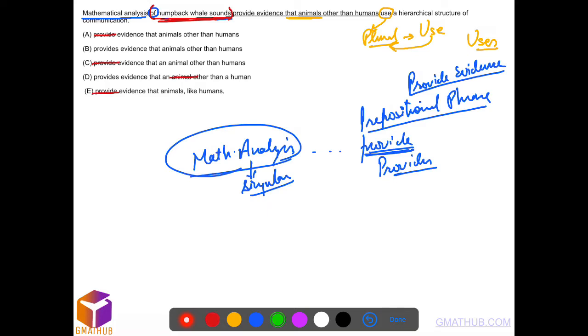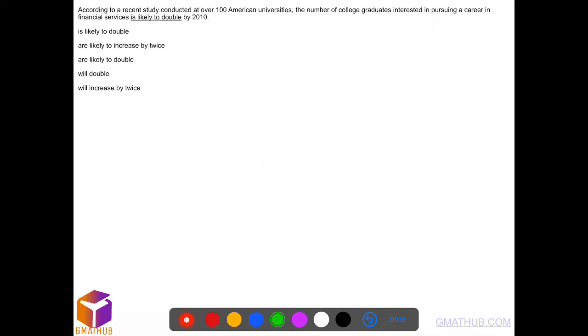So in option B, provides as well as animals, both are used in the right way. Again, number of college graduates interested in pursuing a career. Of is the preposition, and services is used just before the verb, which is here.